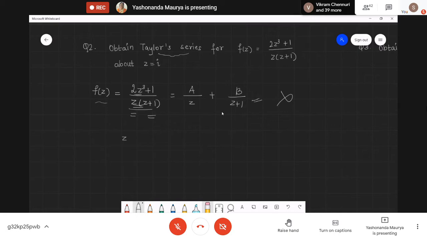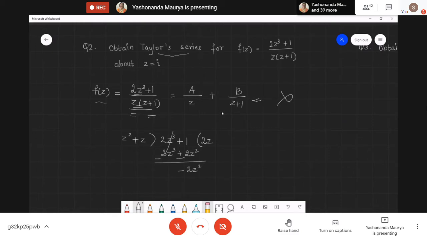So the divisor corresponds to z square plus z, and here we have 2z cube plus 1. So we need to divide it. So it will be 2z, and 2z cube plus 2z square. Subtracted, this goes off.